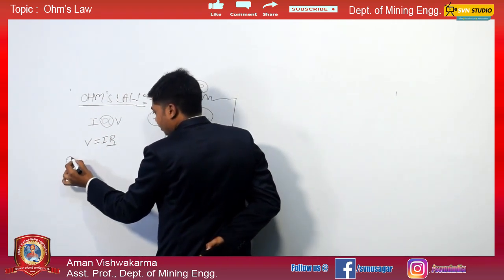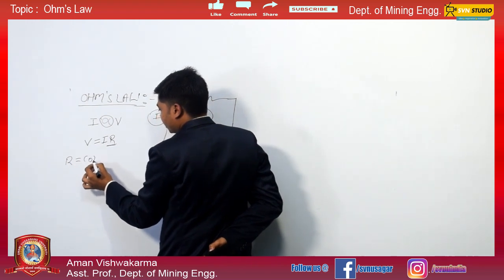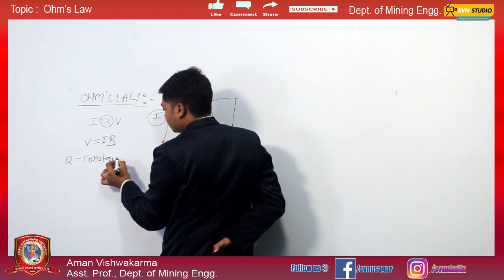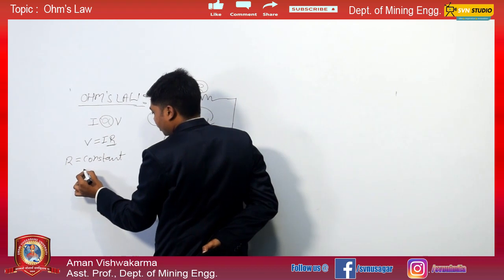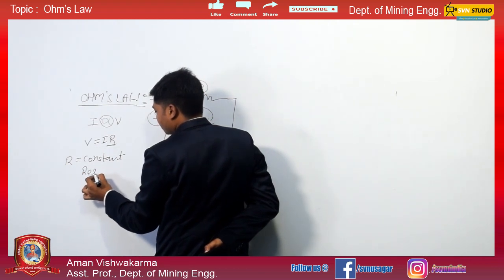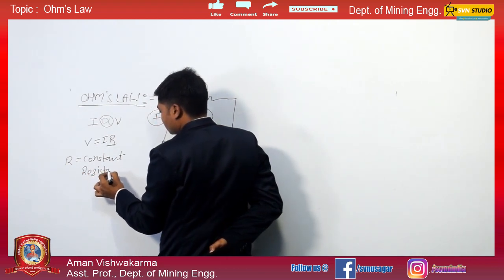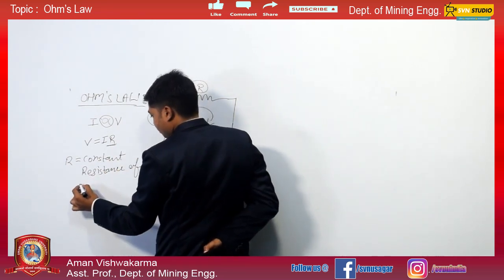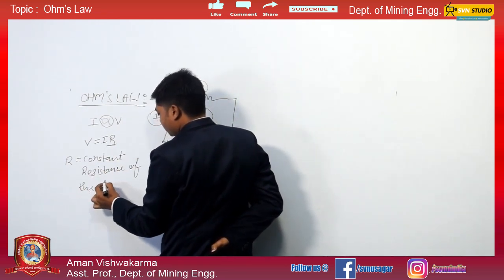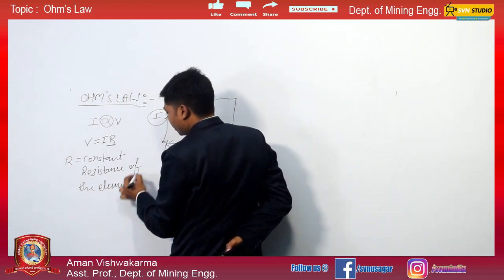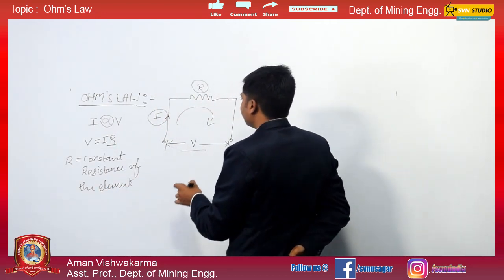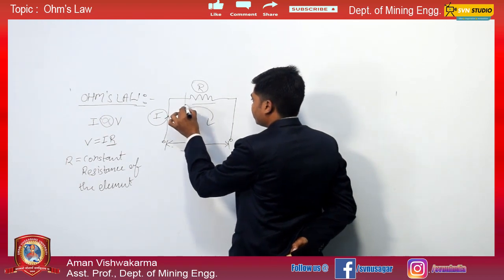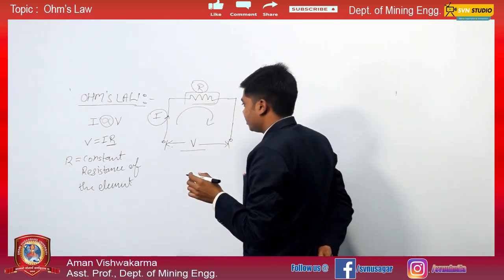R is constant and it is known as the resistance of the element. Okay. So, R is the resistance of this element.